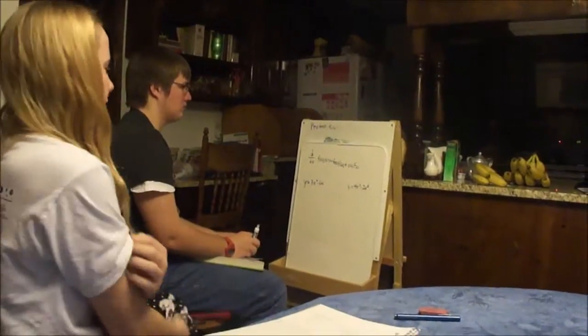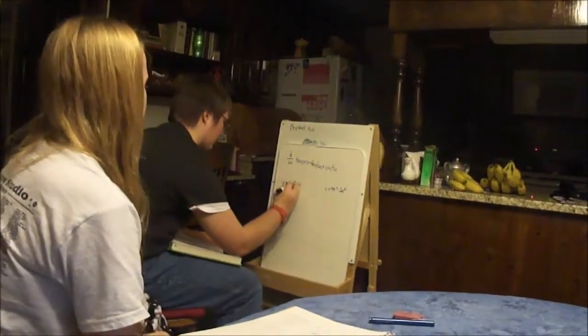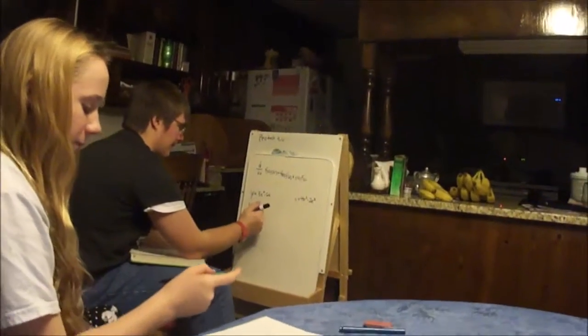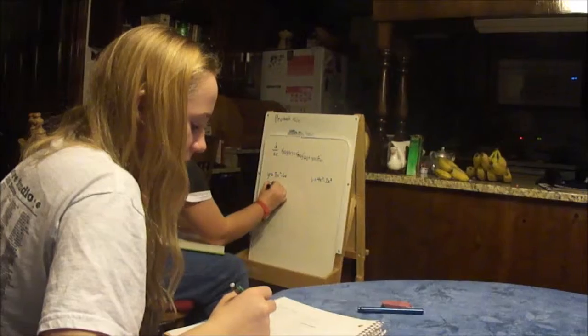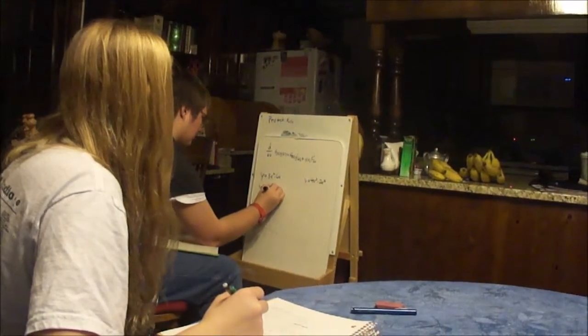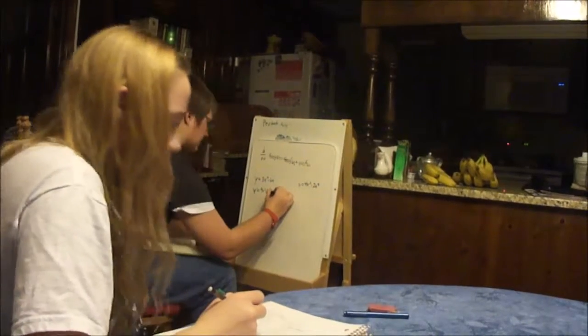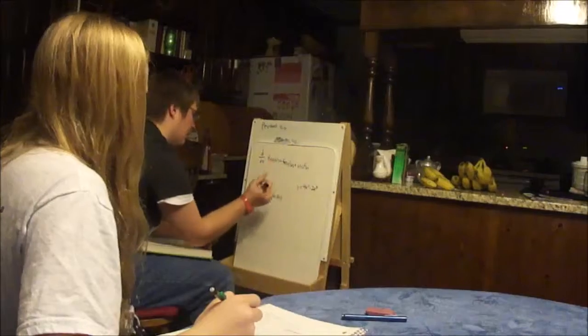Okay, for the first one, I got y prime equals 54x squared. Tell me how you worked it out. I did y prime equals 3x squared times 6 plus 6x times 6x. Alright.